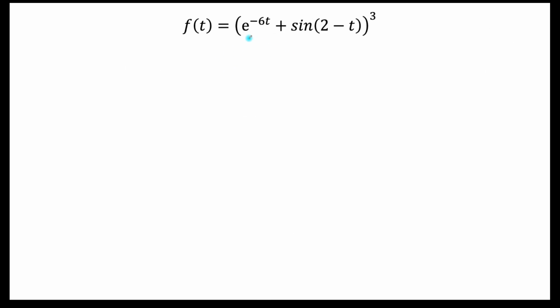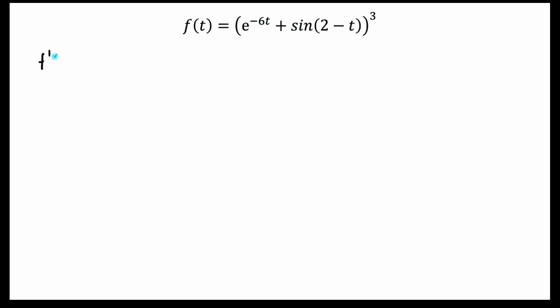Here's another function. Now in this function, when we're differentiating this one, we need to use the chain rule 3 times: when we're differentiating the outer part, and then when we're differentiating this part and this part. Okay, let's go ahead and do that.